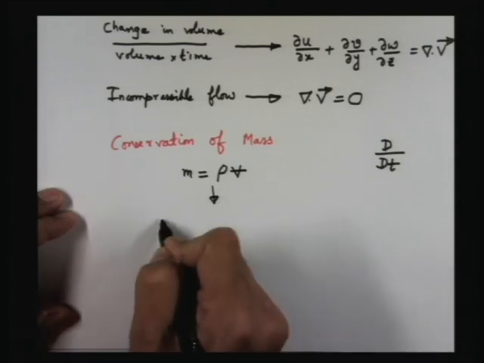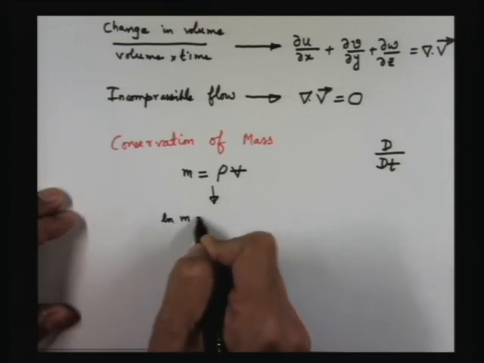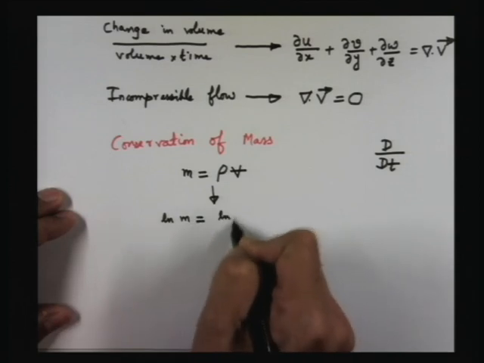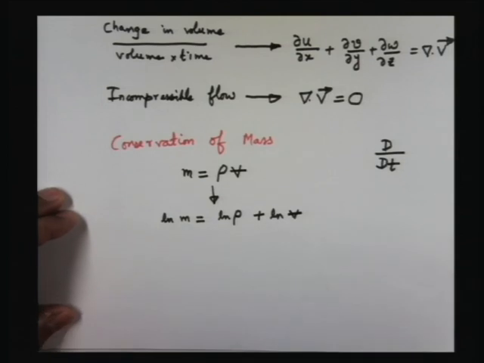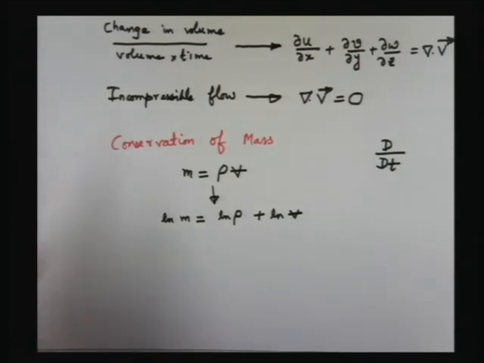So ln m is equal to ln rho plus ln v. Just take log of both sides and then take the total derivative of both sides.